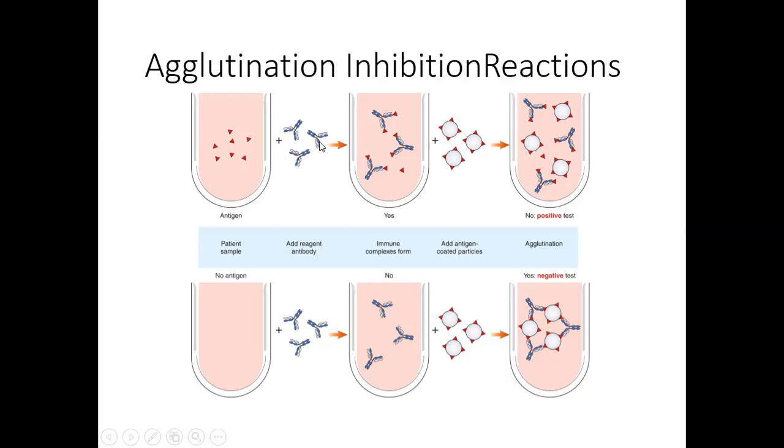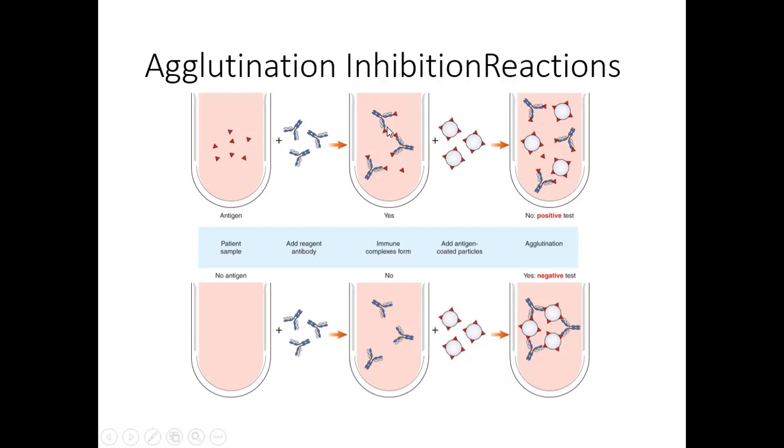If the antibody and the antigen are the same, the antibody binds to its specific antigen, and you notice that all of the antibody binding sites are bound off by this antigen in the patient's serum. So we've bound off all of those. We saw this before when we talked about other reactions, how you can bind up all the antigen binding sites.